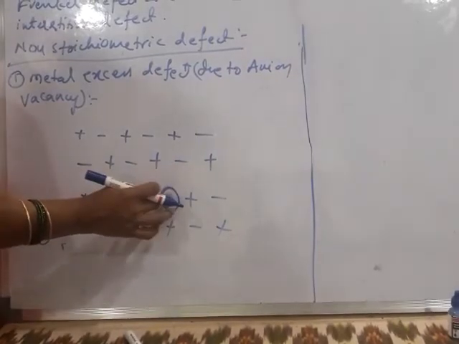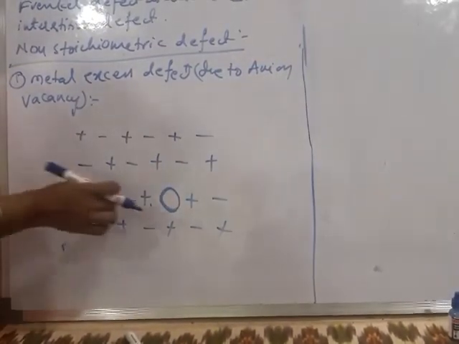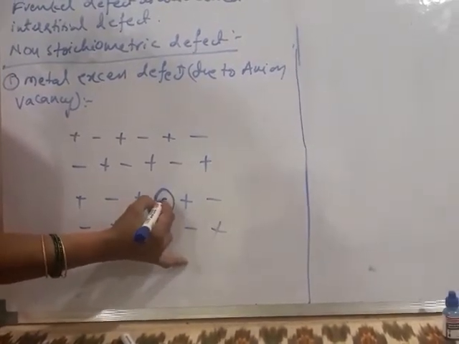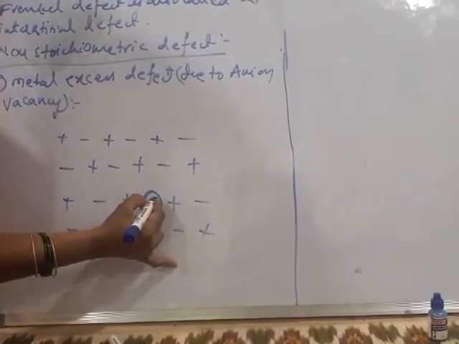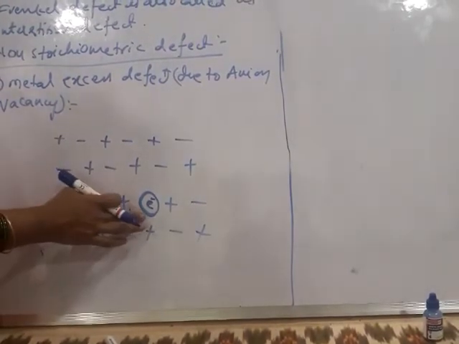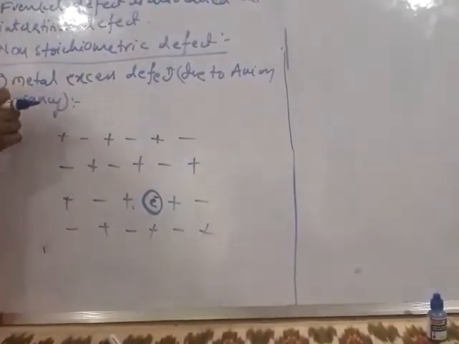To maintain electrical neutrality, this anion vacancy gets occupied by negatively charged particles called electrons. So here electrons occupy the anion vacancy in metals.